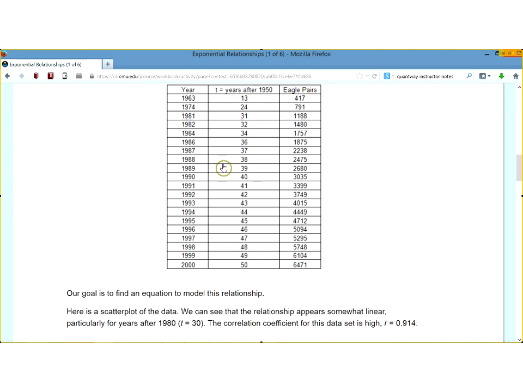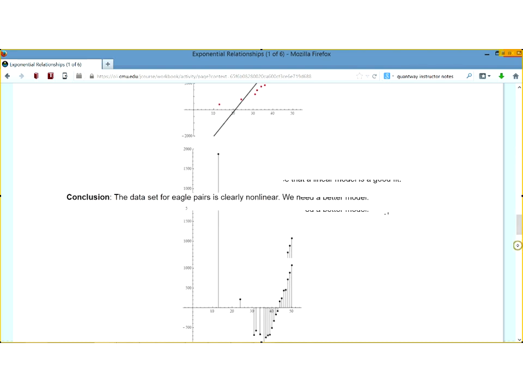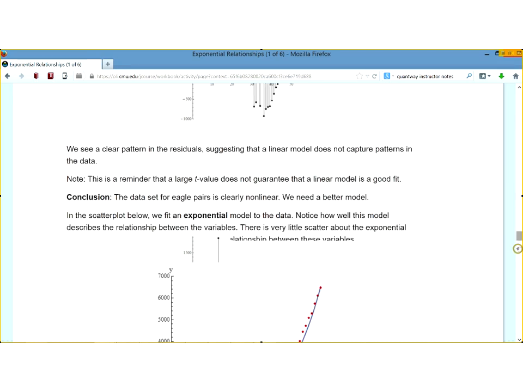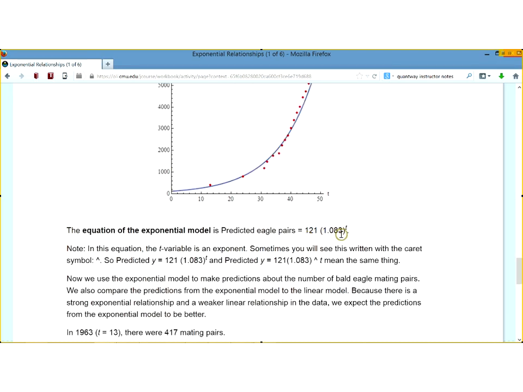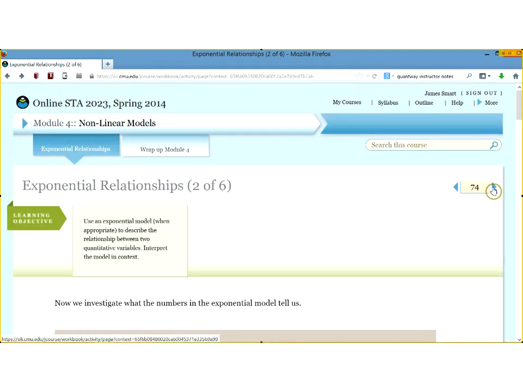Going back here, I would strongly recommend, after you watch the video on doing exponential regression, put the data from this table, the years and the eagle pairs, into your calculator and do the exponential regression, and make sure that you get this equation. That's a good practice. When you have the data and you have the equation, and you're trying to practice a skill on the calculator, make sure that you can do it.